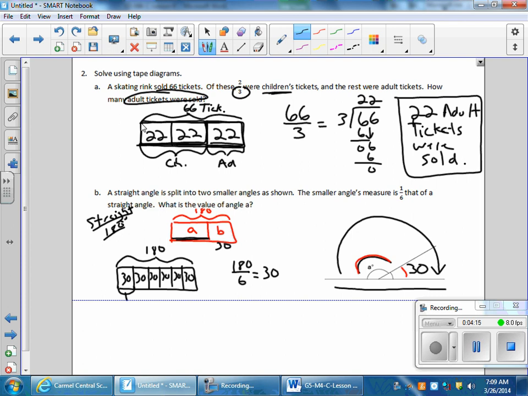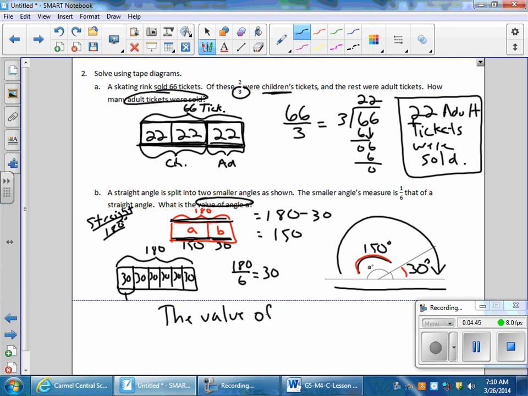Now I just have to take the whole 180, subtract 30, and that will give me 150 degrees for angle A. 150 plus 30 is my 180 for the straight angle. The value of angle A is 150 degrees.